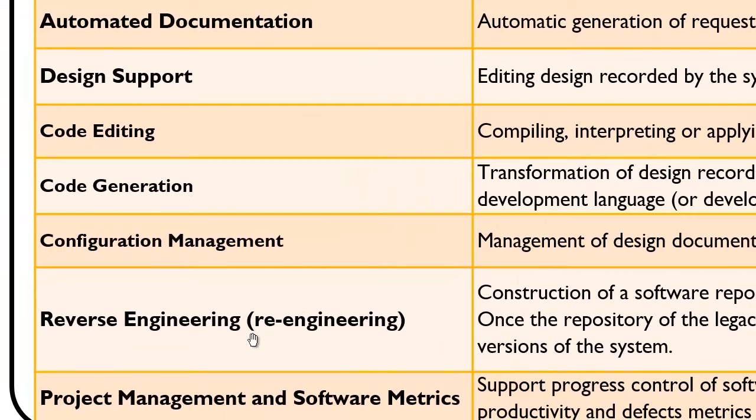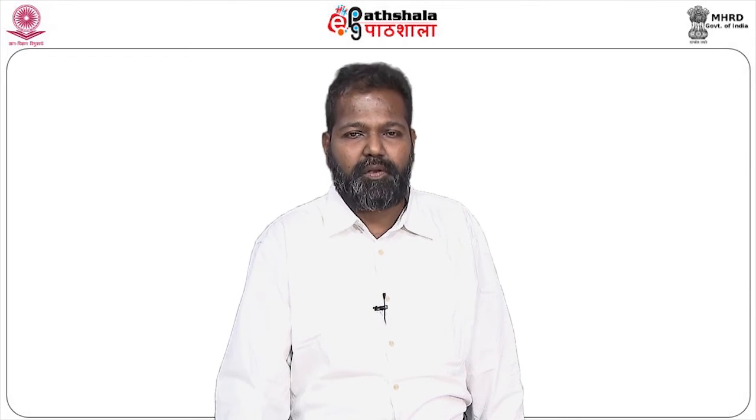Reverse engineering. You have a legacy system which has been operational for years together. Design documents may not be available, analysis models may not be available. From the code you arrive at your analysis model. This is done using reverse engineering tools.